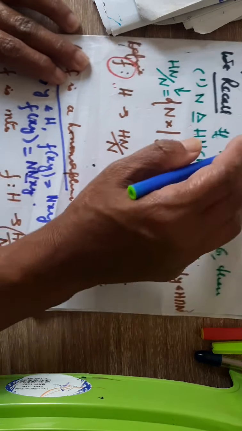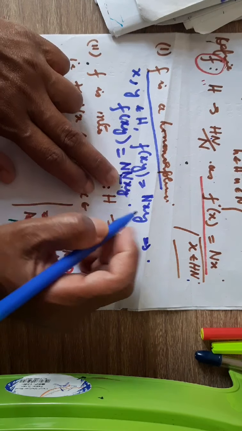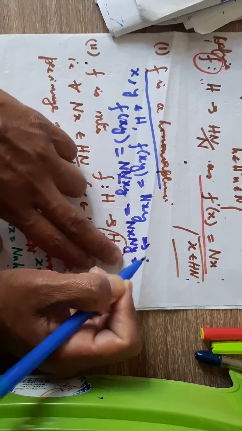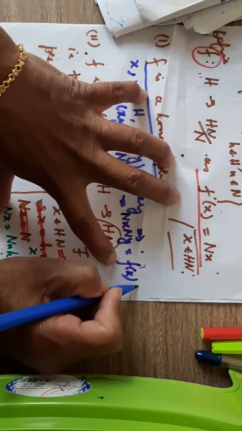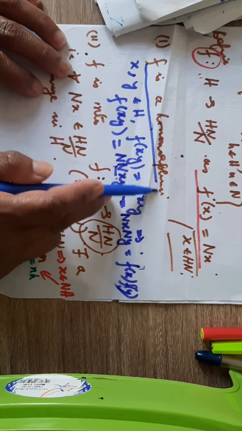But since N is also given to be a normal subgroup of G, this will imply that xN is the same as Nx. So this will be Nx Ny, which is equal to f(x) f(y). So this clearly implies that f is a homomorphism.